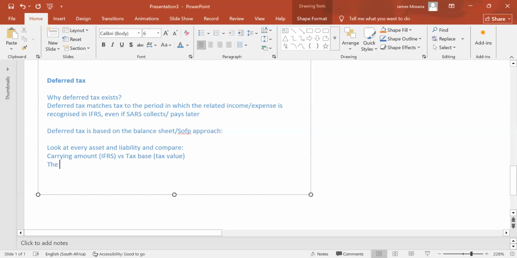And then the difference that you get will be your temporary difference. Now, temporary difference multiplied by the tax rate will give you the deferred tax. Right. But it will start making more sense when we do the particular question.